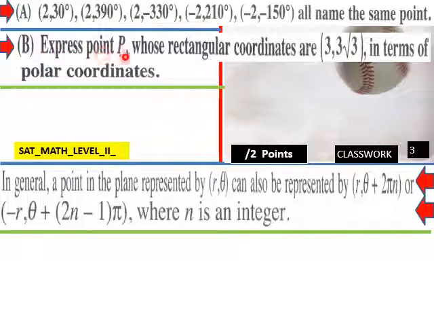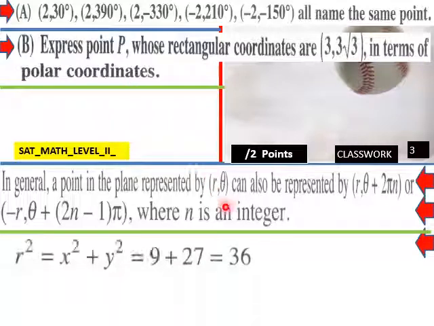Express point P, whose rectangular coordinates are 3 and 3 times the radical 3, in terms of polar coordinates. So r squared equals x squared plus y squared, and plugging these values in, r squared will be 9 plus 27 equals 36.